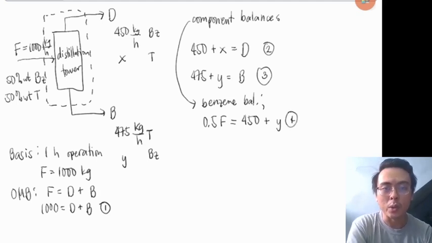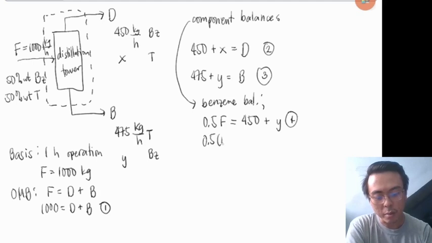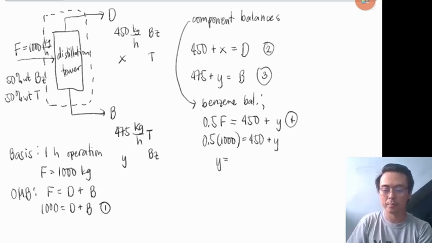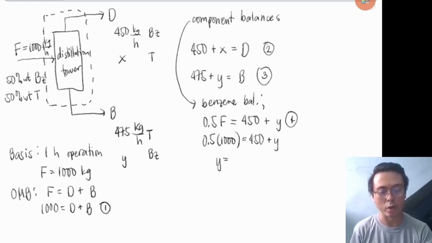If you take a look at the fourth equation, it's very easy to solve and we can already obtain the value of Y because we already have the value of F, which is 1000. So this is 0.5 times 1000 equals 450 plus Y. Solving that, this is 500 minus 450, so your Y is 50.